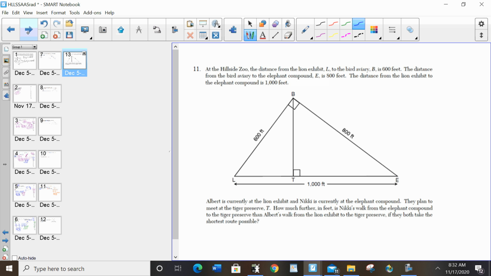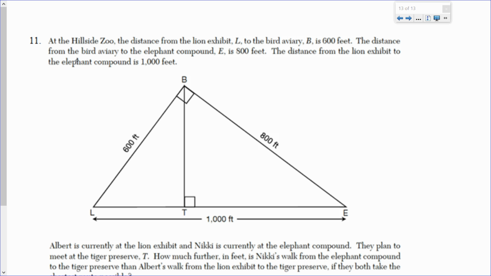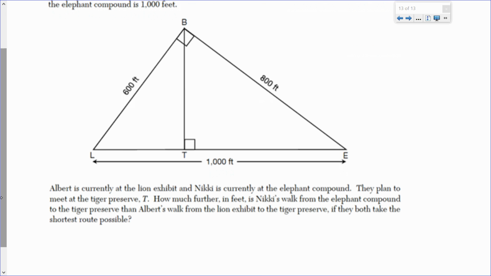And 11 is just a word problem. I'll give you a hint to get you started on it, but other than that, I'm not going to do it. It's just about reading. It's giving you a bunch of values.